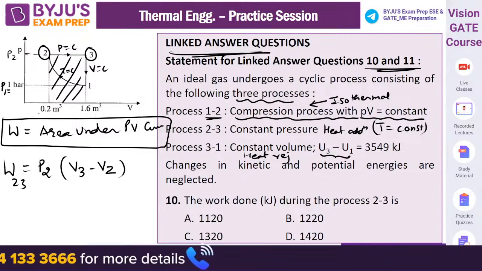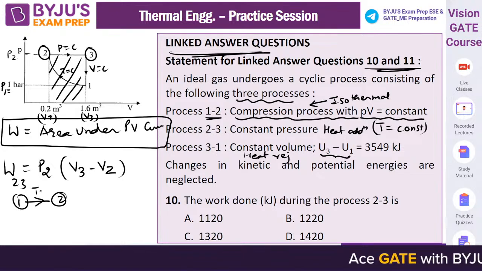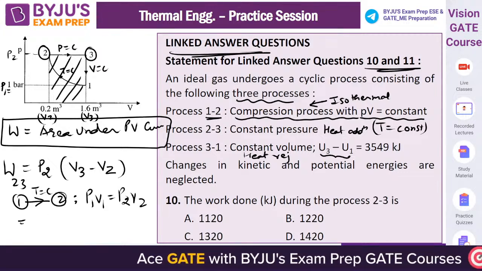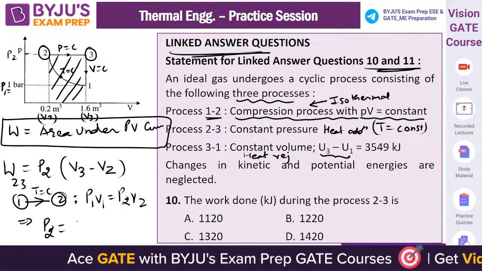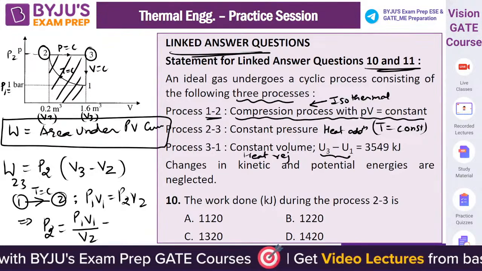P2 into V3 minus V2. V3 is known, V2 is known to us. The problem is with P2. Because 1 to 2 is constant temperature process, so can we say P1 V1 is equal to P2 V2? Or can you find out P2 is equal to P1 V1 upon V2? What is P1?